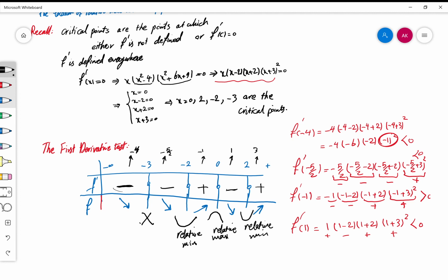So then we can write that f has a relative min at these points, x equal to negative 2 and 2, and f has a relative max at just x equal to 0.